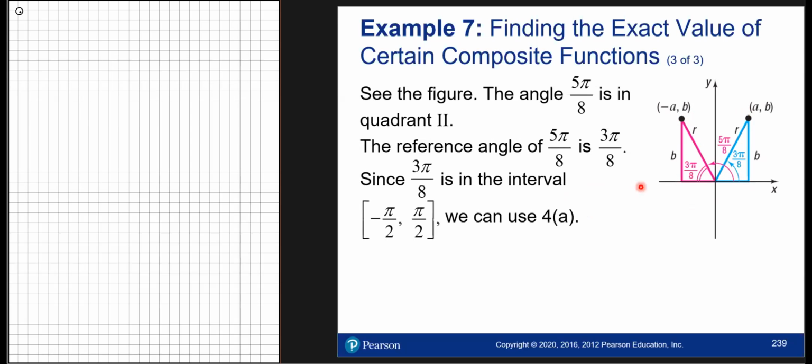And since 3 pi over 8 is in the interval, we can use the formula for A, where these two things in here are equal. So it gives us 3 pi over 8, because the sine inverse undoes the sine.